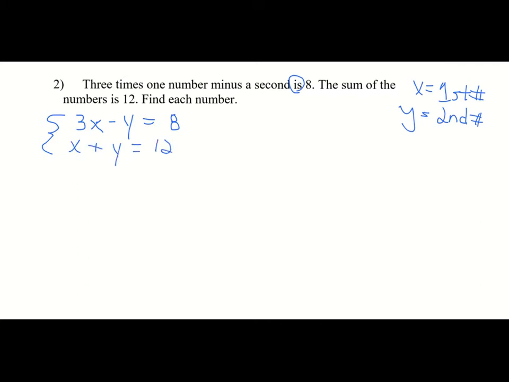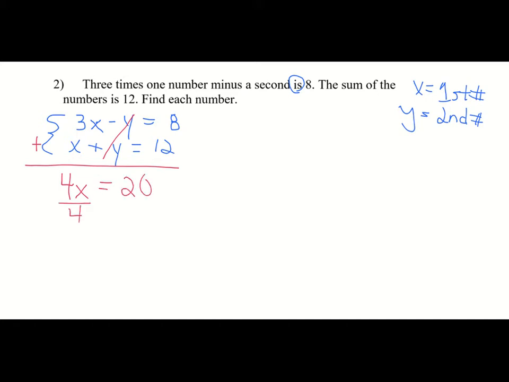Find each number. All right, so this one's nice because if I look at it right here, I have minus y and plus y. So I can do elimination. I can cancel out those y's. 3x plus x is 4x, and it's equal to 8 plus 12, which is 20.